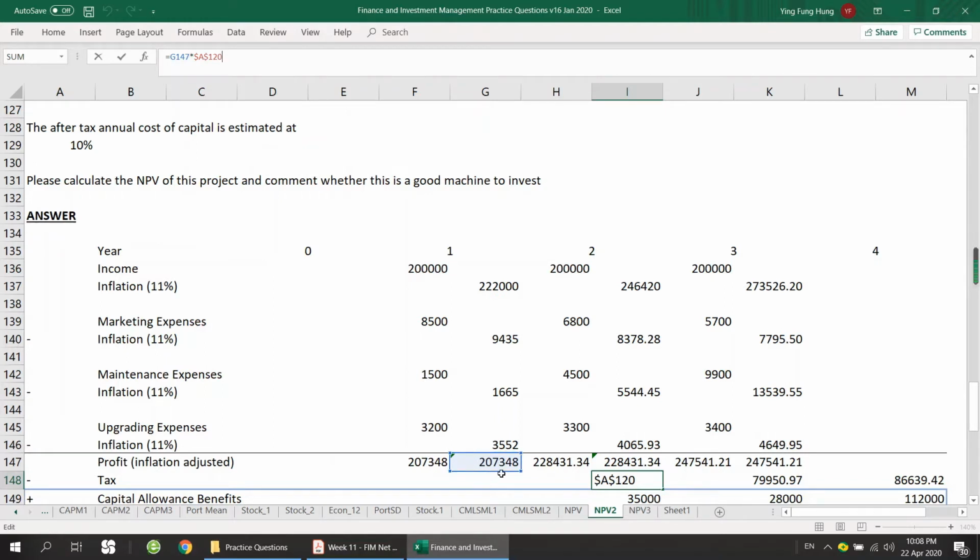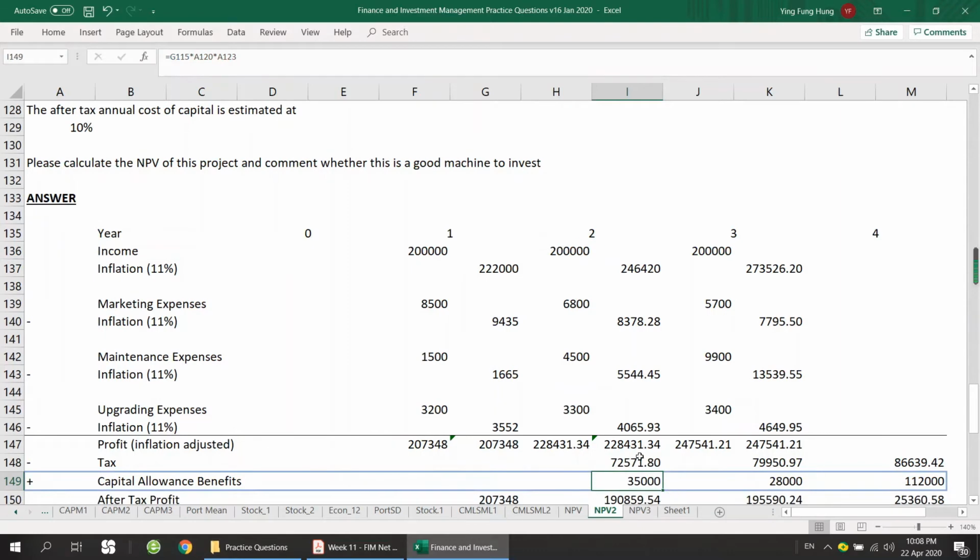207.348 thousand. In this case, the tax that we have to pay is 72.57718 thousand. Similarly, for year 2, we get a profit of 228.43134 thousand.